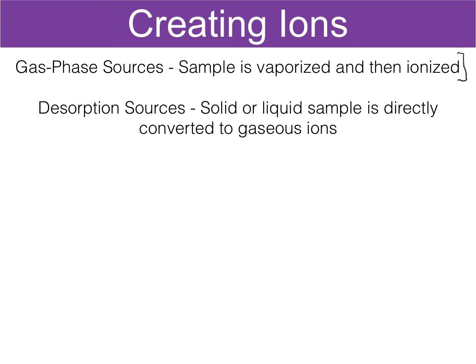Another way is a desorption process, and this is whenever you put a sample onto a plate. So you coat a surface with your sample, and then you hit your sample with usually a high energy laser.